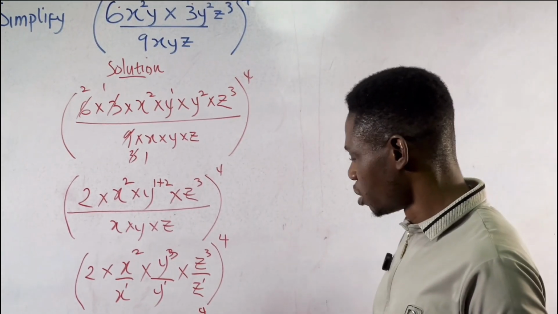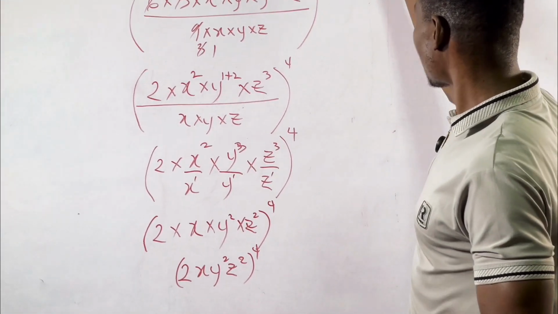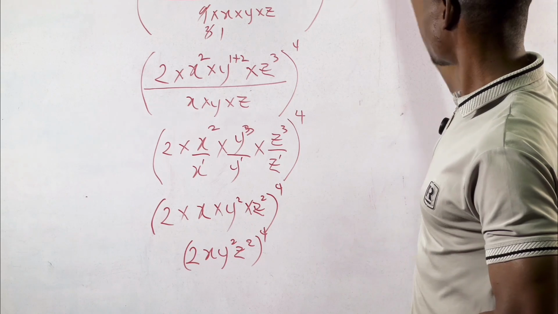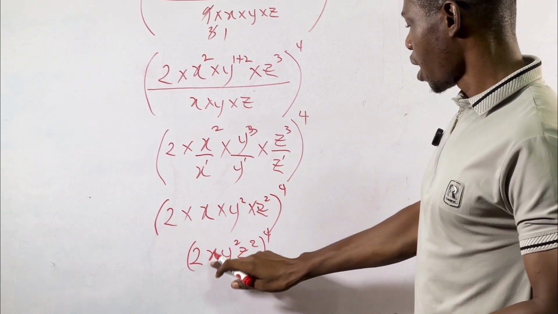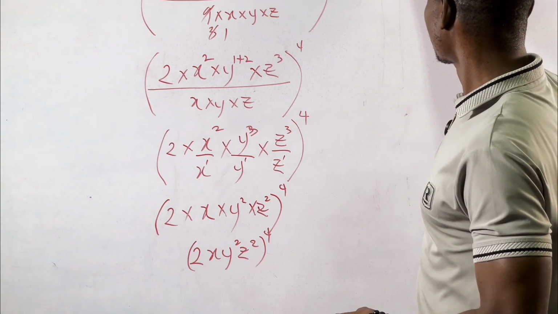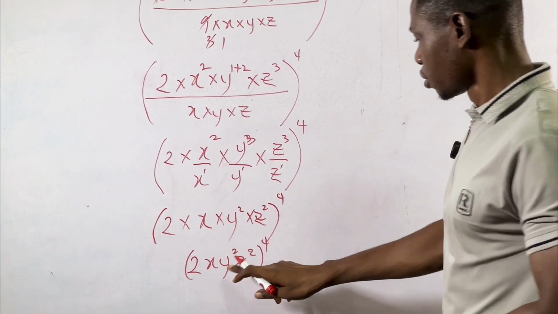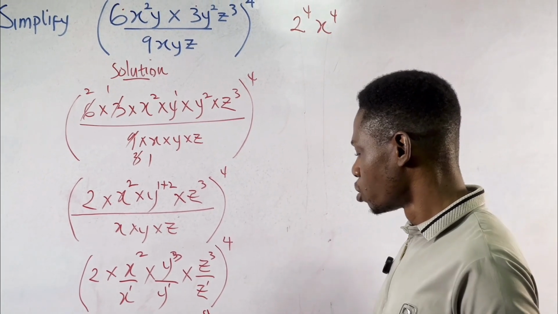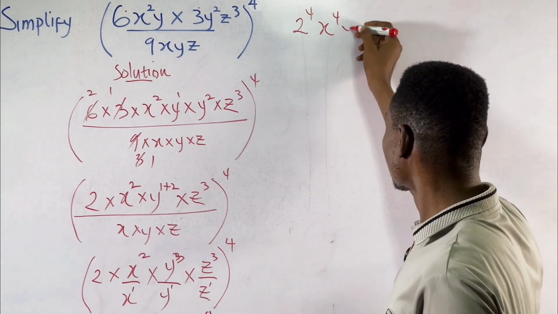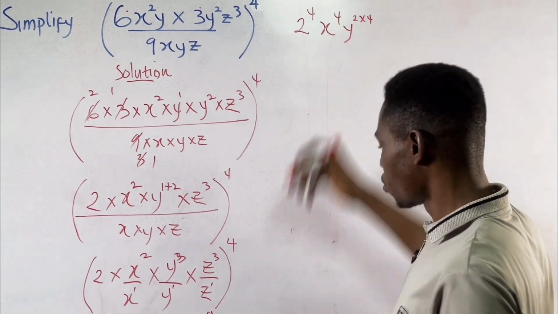So introducing the 4 into it, we'll have 2 raised to power 4, x raised to power 4. For y, we already have y raised to power 2 there, so that's 2 times 4. So y squared raised to power 4 gives us y to power 2 times 4.